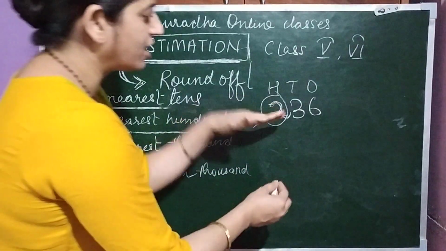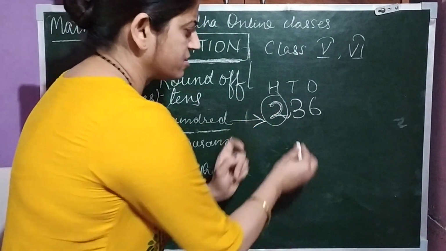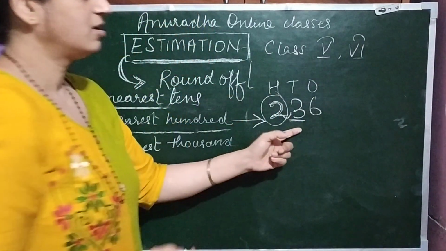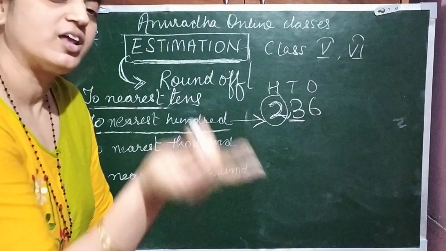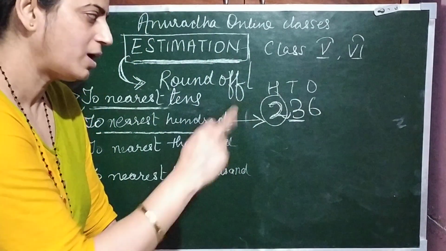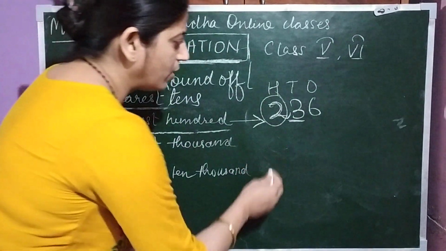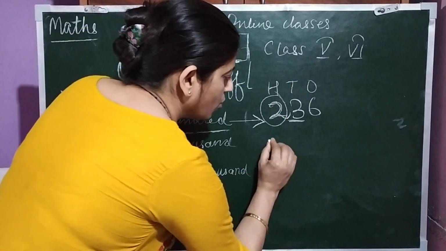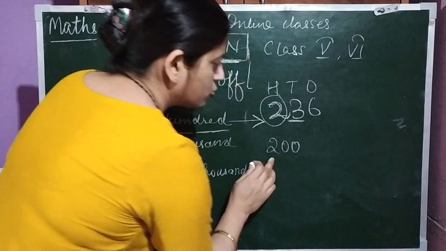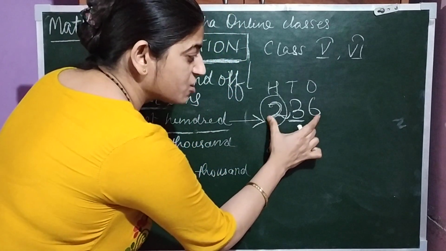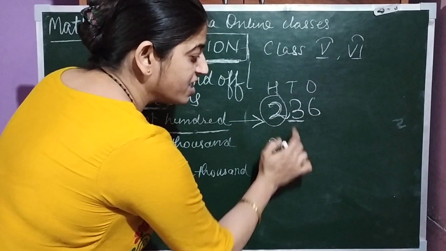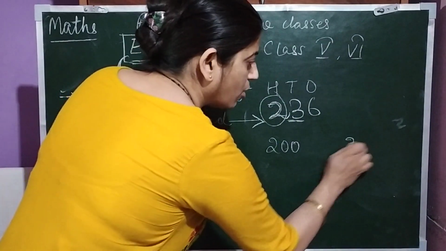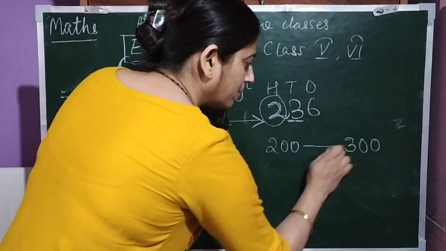Now you have to underline the very next place, that is 10's place, right? So this is 3. Now as we have done in the 10's case, we will do in the 100 case also. This number 236 lies between 200 and what? 300.